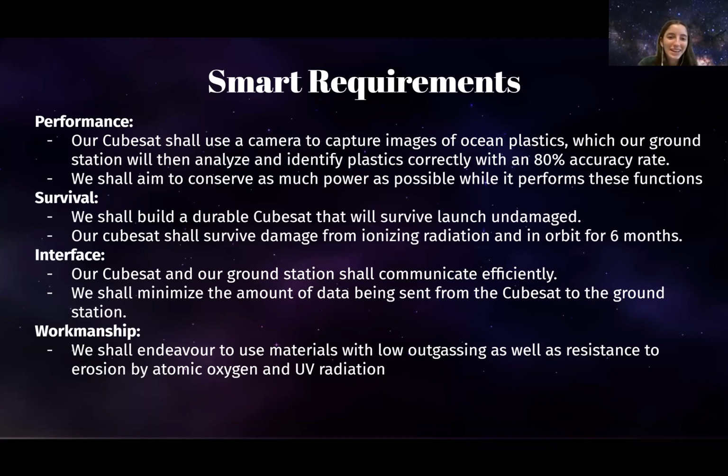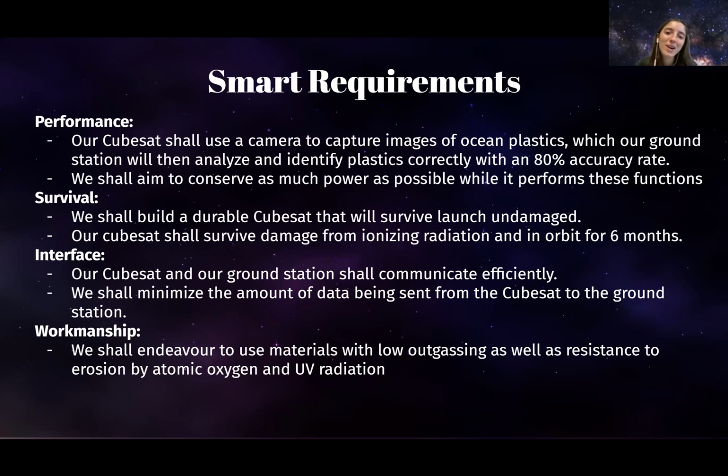In order to guide ourselves in the process of building our CubeSat, we set requirements for ourselves. In terms of performance, our CubeSat will use the camera to capture images of ocean plastics, which will then be analyzed by our ground station and hopefully identified with 80% accuracy, while we also attempt to conserve and budget our power.